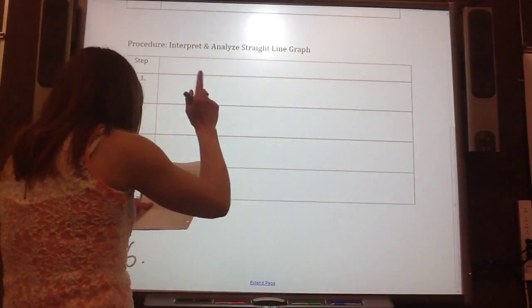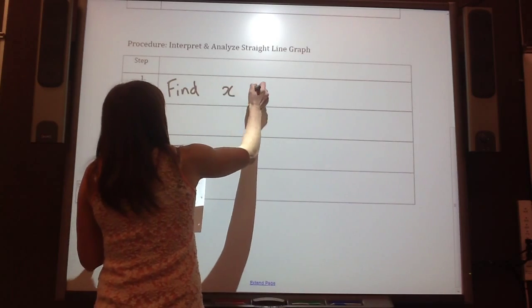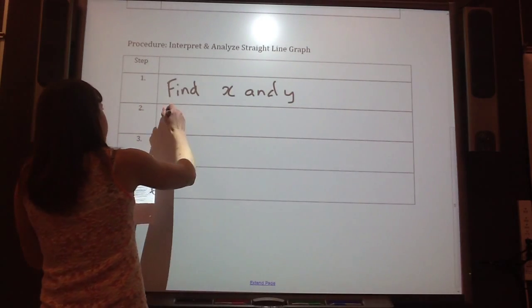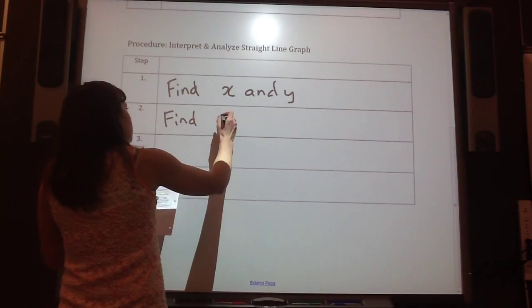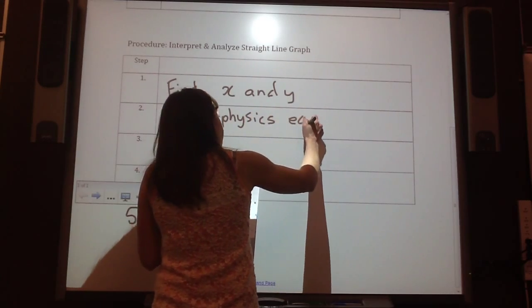Okay? So step 1. Find x and y. Step 2, find physics equation.